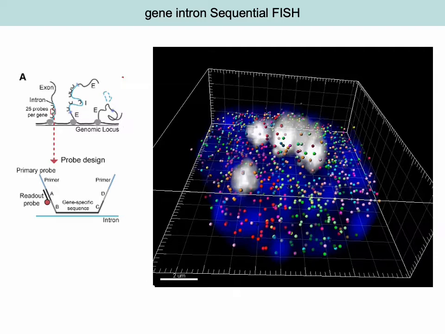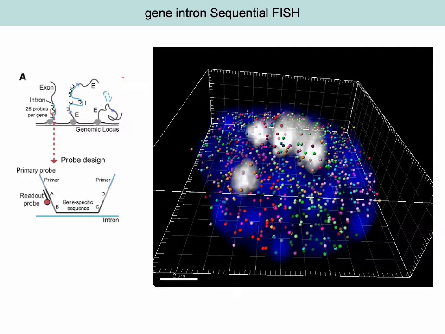The pioneer work on single molecule FISH observed that nascent mRNA are produced in bursts at transcription active sites in individual nuclei. In particular, these nascent sites of transcription near the genomic loci could be selectively labeled over mature transcripts by targeting the introns.